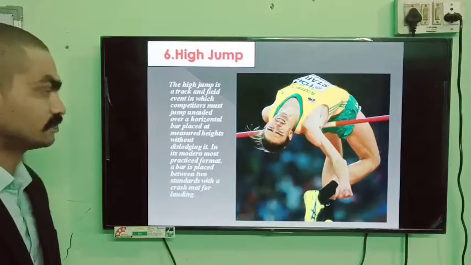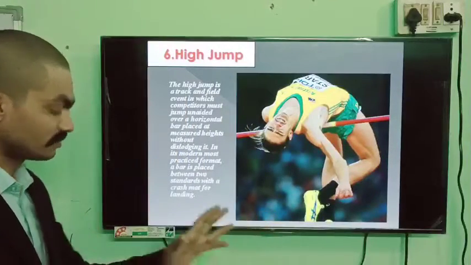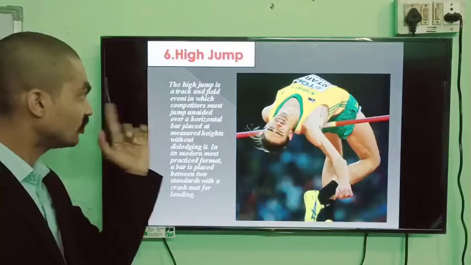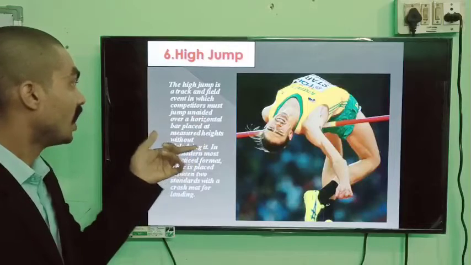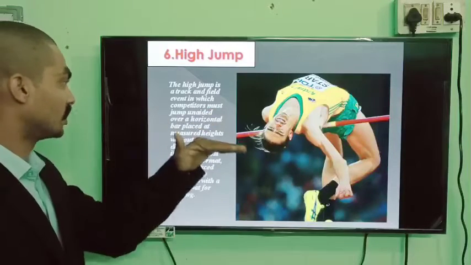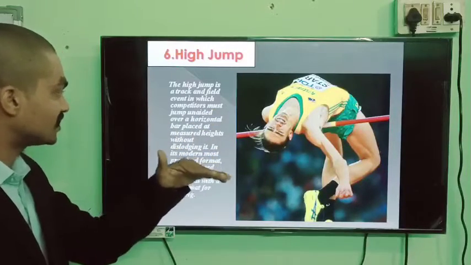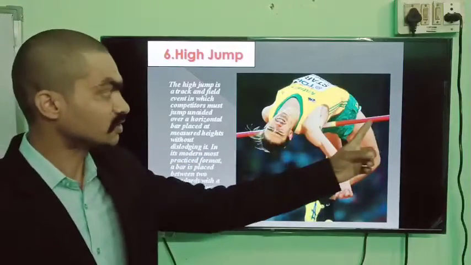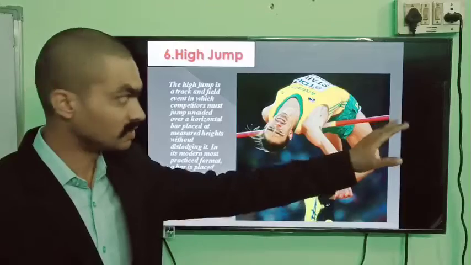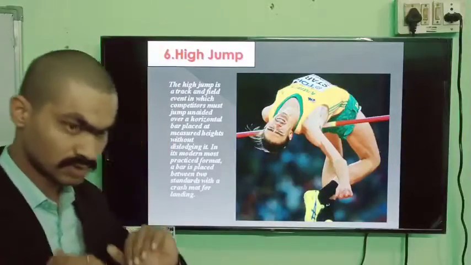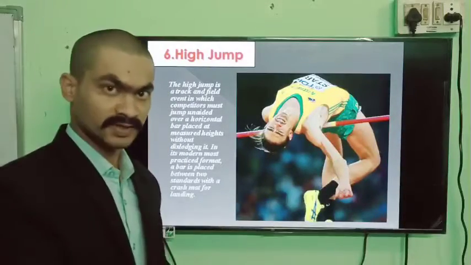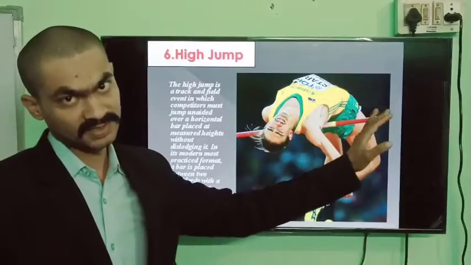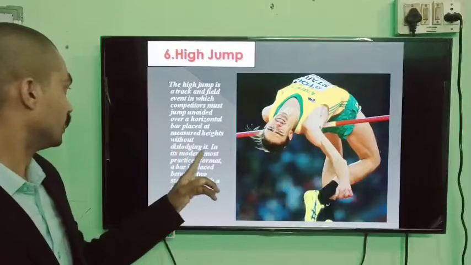Next, high jump. You can see this next picture in your textbook. The high jump is a track and field event in which the competitors must jump unaided over a horizontal bar placed at measured heights without dislodging it. This competitor has to jump over it without touching or displacing it, without any touching of the athlete's body with this bar.